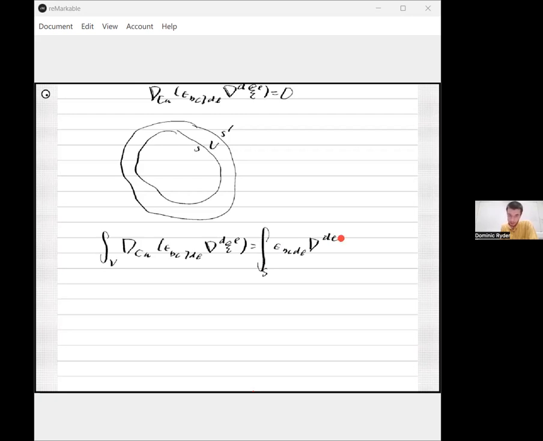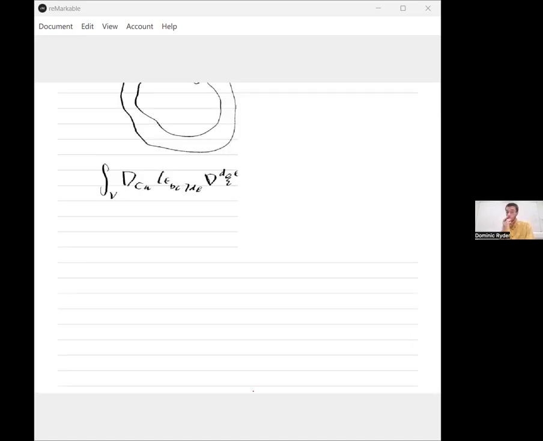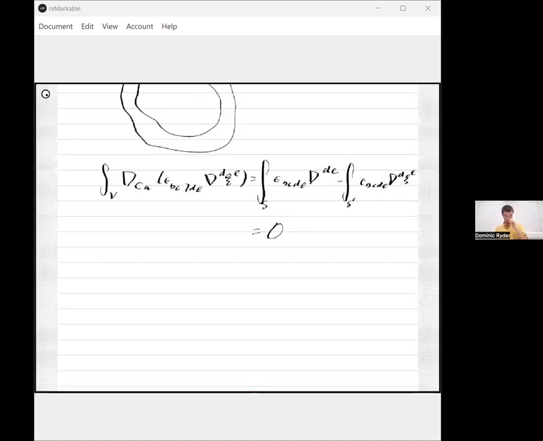We've removed the exterior derivative. And this is equal to 0 because it is proportional to the Ricci tensor, which is 0 because we're in the vacuum region. Good. And so our force is independent of S, which is what we wanted.